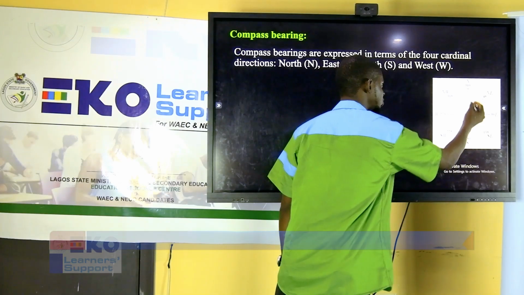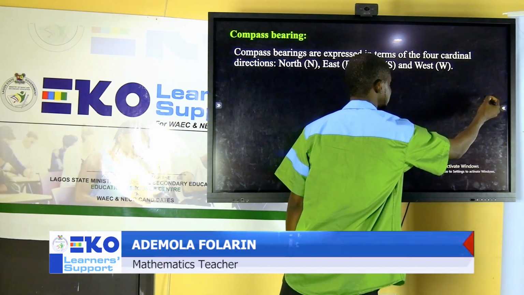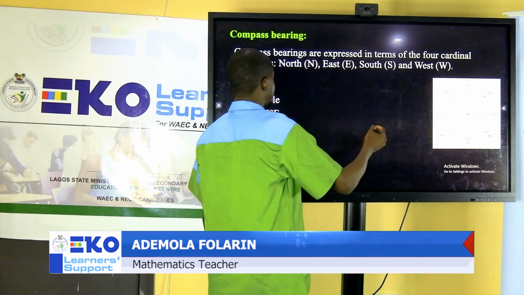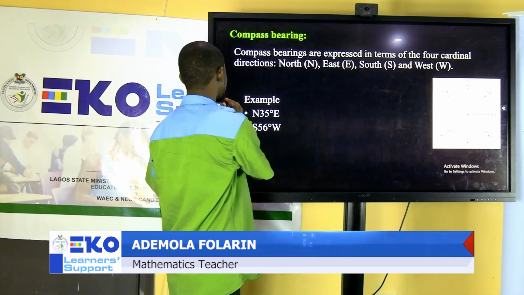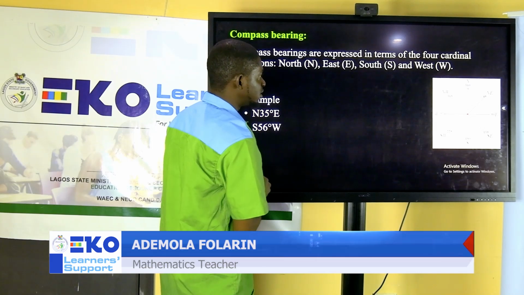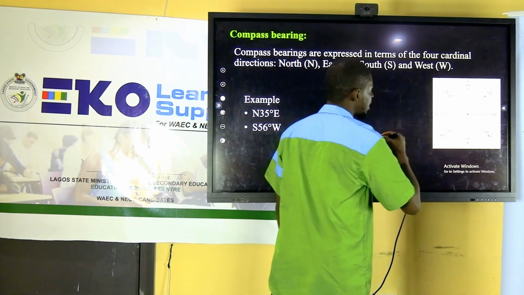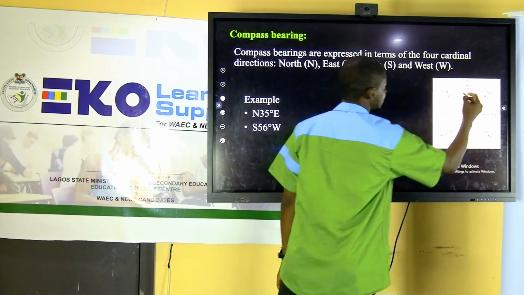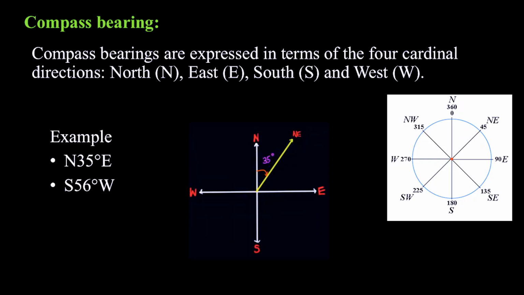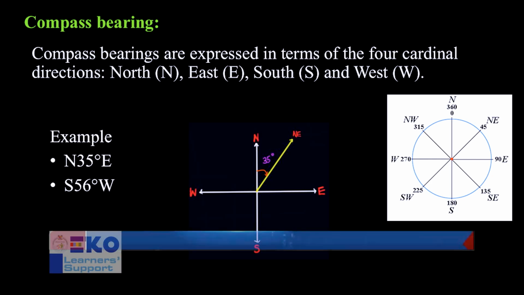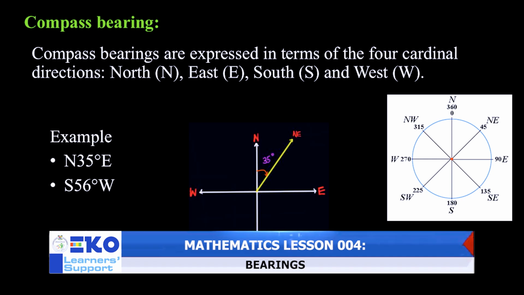So we read this way when we are talking about the north. Looking at it, for cardinal or compass bearing, we can either read it as northeast or northwest. Look at the direction, northeast or northwest. So if it is south, we can either read it as southeast or southwest.